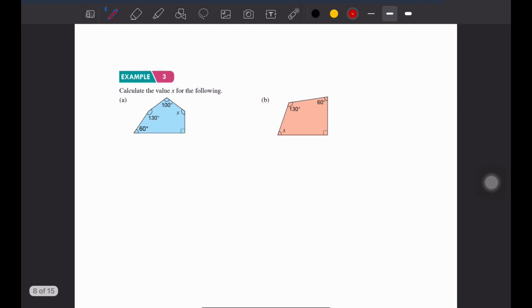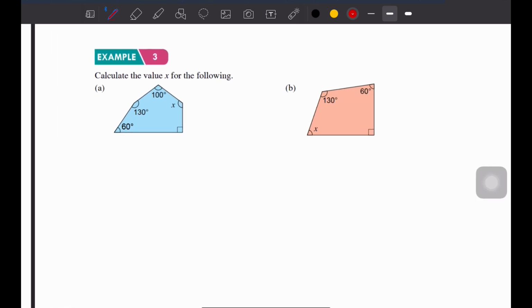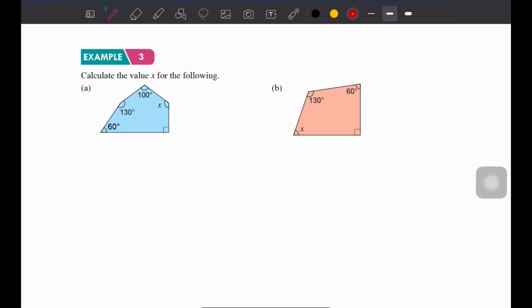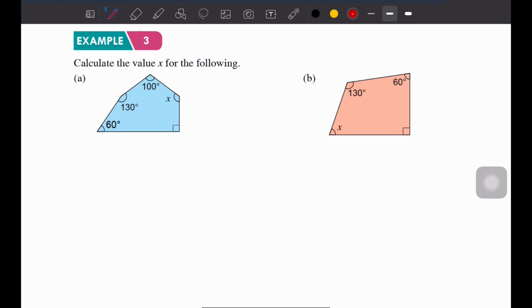Calculate the value of x for the following. Okay, for this one, this is an irregular polygon. First we need to calculate how many sides are there, so we can know the total of interior angles of that polygon. So 1, 2, 3, 4, 5. So 5 sides.